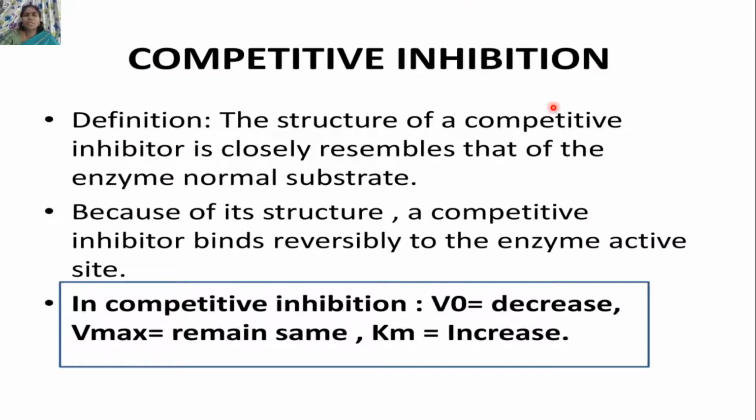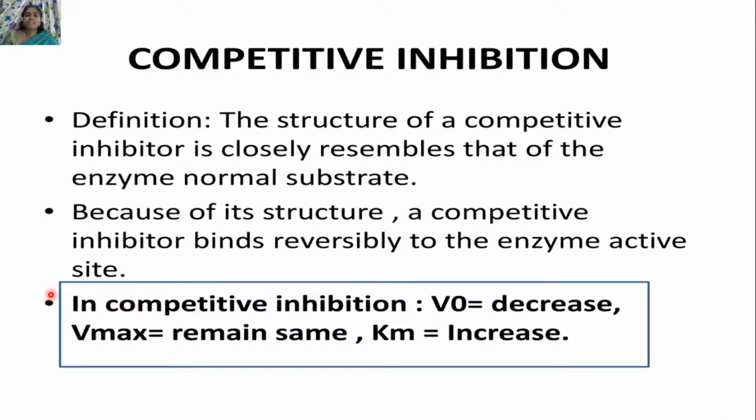First one, competitive inhibition. The structure of a competitive inhibitor closely resembles that of the enzyme's normal substrate. That means, as I told you, the competitive inhibitor competes with the substrate. Because of its structure, a competitive inhibitor binds reversibly to the enzyme active site.